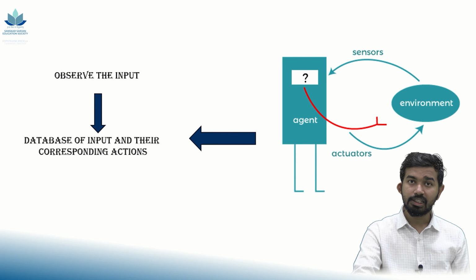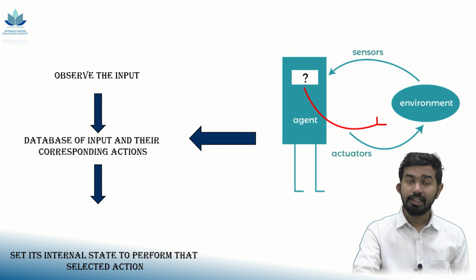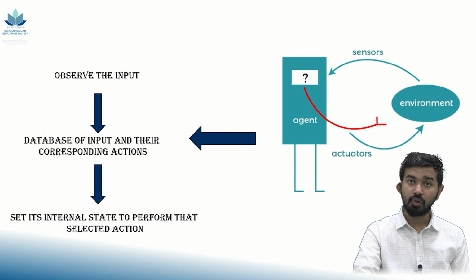From that data, it will find the correct match for that particular input. Now it has decided the action to be performed. The agent will set its internal state to perform that action. So that is about the intelligent agent.